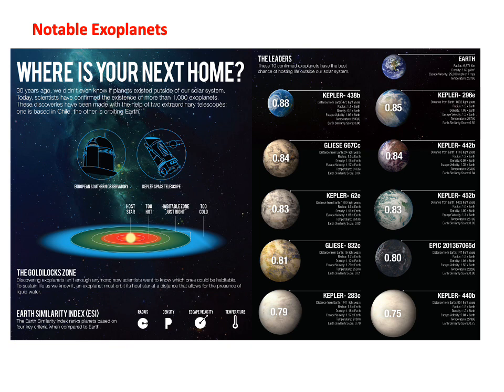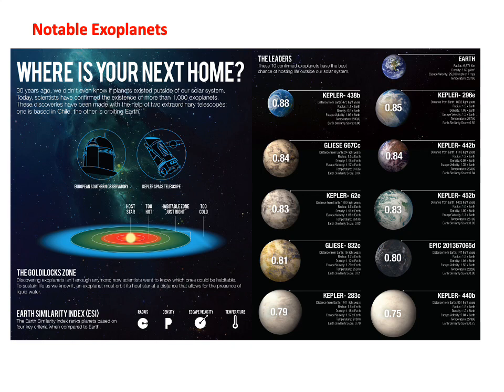So for Kepler 438, the star itself is A, and then the planets are B, C, D, E, and so on down the alphabet. You can see that Kepler 438b is the biggest winner. It's got an Earth Similarity Index of 0.88. Then there are some stars that were not observed by Kepler. Here's one called Gliese 667Cc.